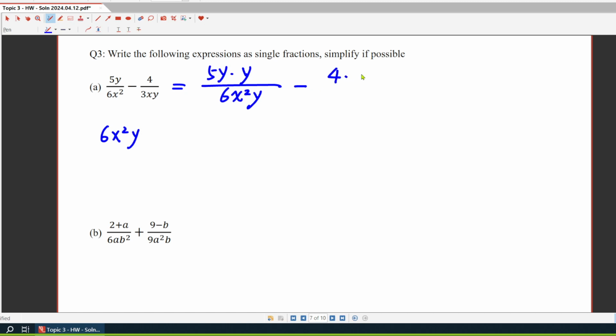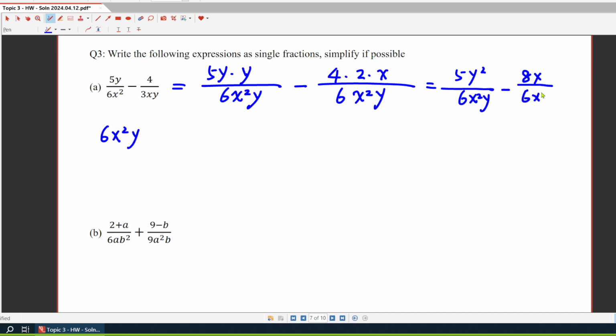Minus 4 times, well, if you use 6x squared y here, then you need to multiply the numerator by 2 times x, right? So this gives us 5y squared over 6x squared y minus 8x over 6x squared y. Then you will have 5y squared minus 8x over 6x squared y, right?